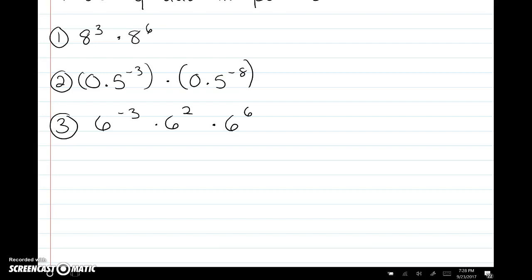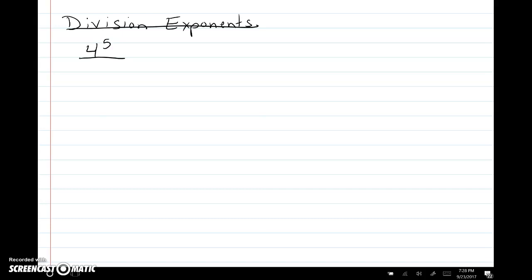So that's our multiplication. Next, we have division of exponents. So again, let's look at a problem. 4 to the 5th divided by 4 to the 3rd, remember the fraction bar means division.